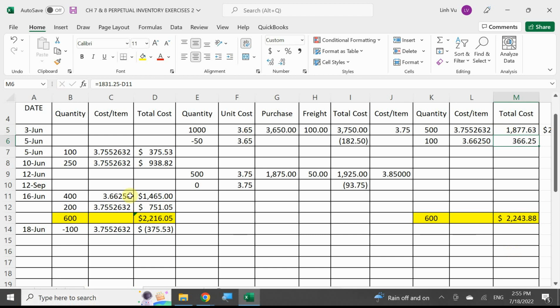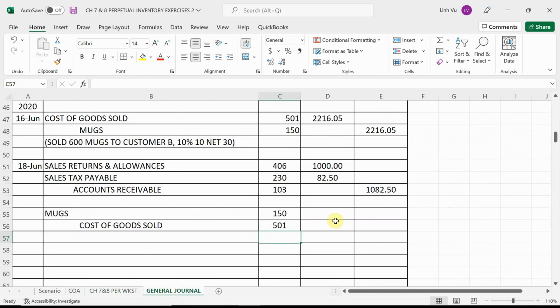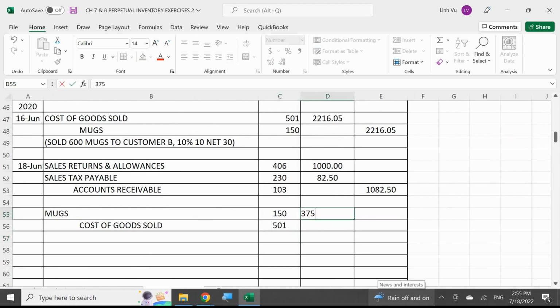So now we add it back in, so we need to reverse the cost of goods sold by $375.53. So that's exactly what I need to do. $375.53. Okay.